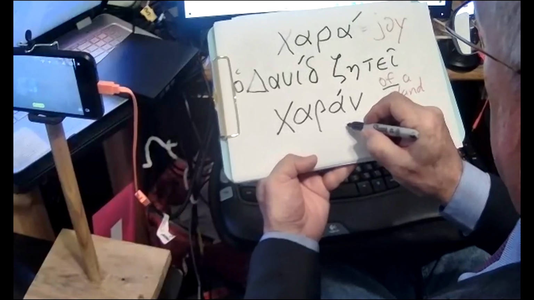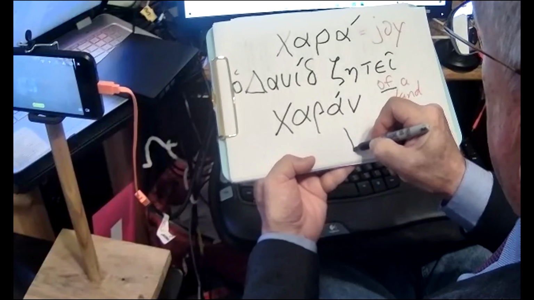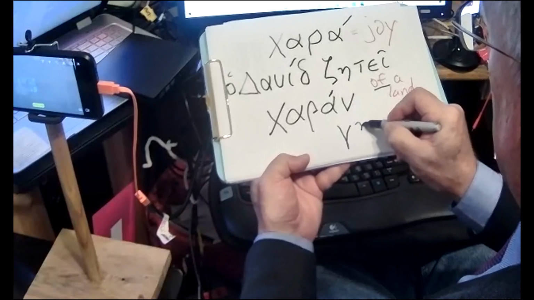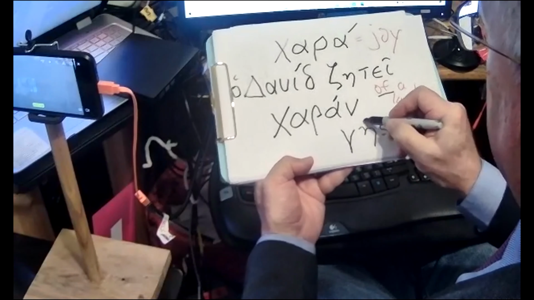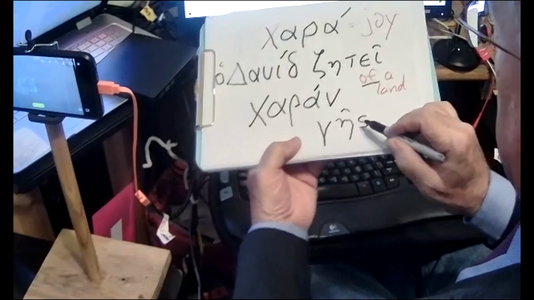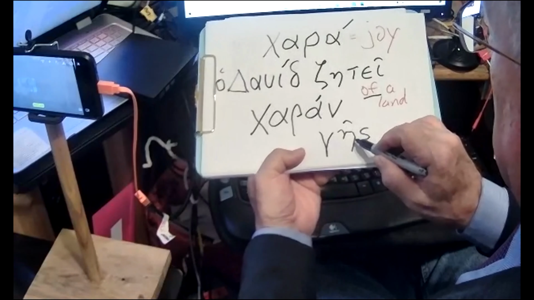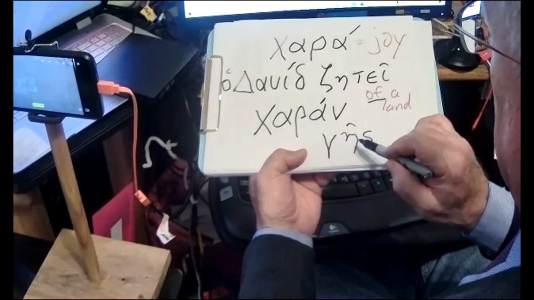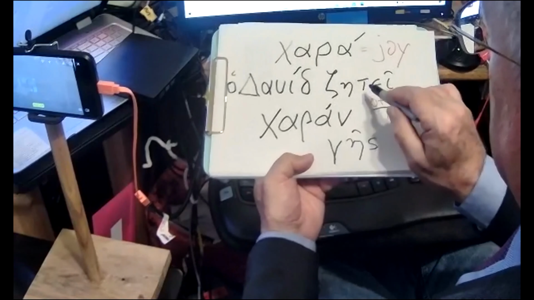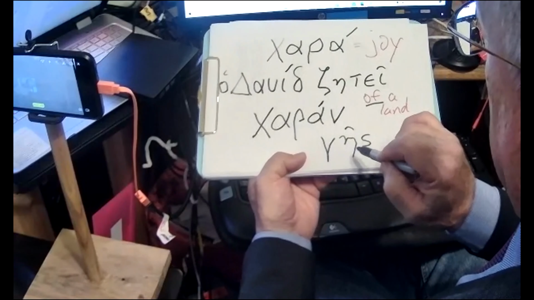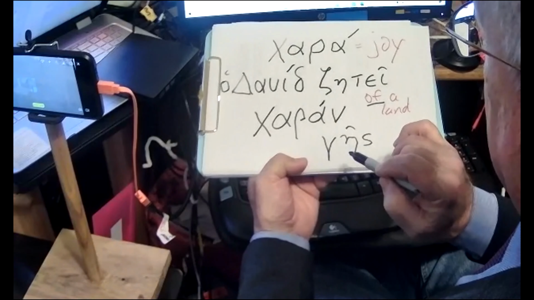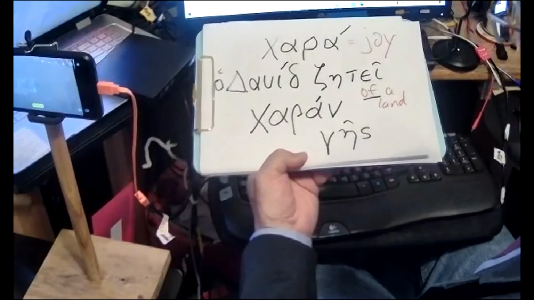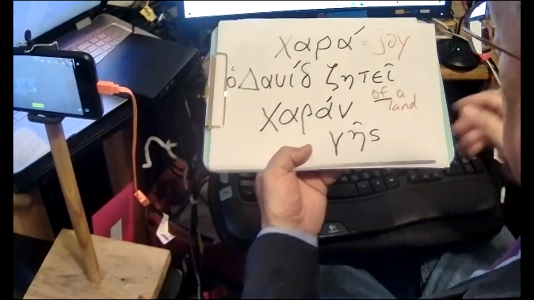I don't have an article yet, but I know that the genitive form, singular, of land, ge, is ges. So David is seeking a joy of a land, ges. No article, not the land, simply of a land. So I just have charan, ges.